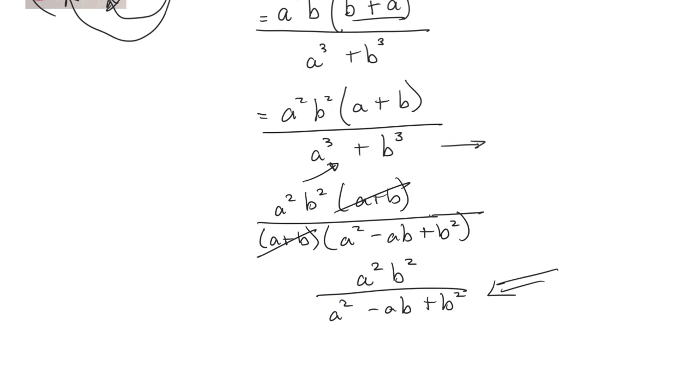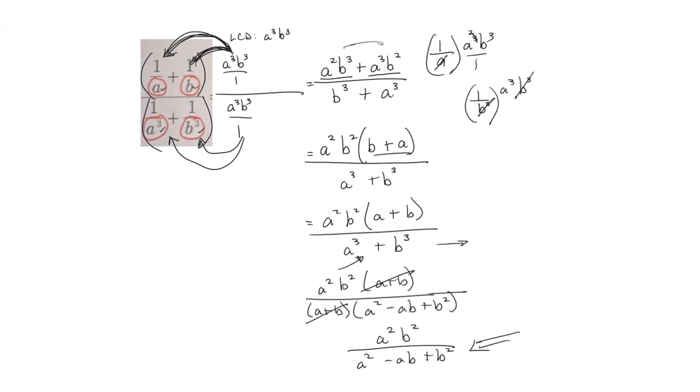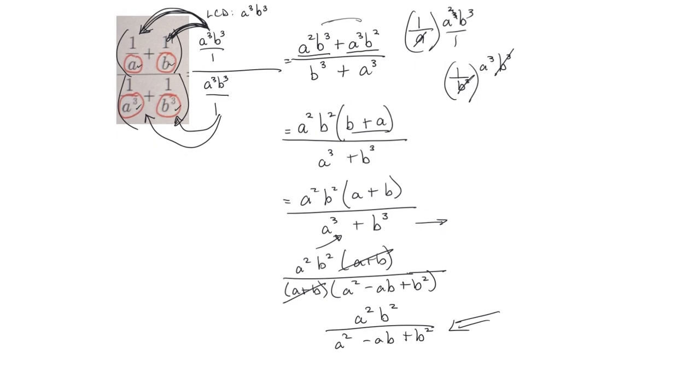Just a couple things to be careful with on this. For example, this right here, those are not like terms. The A's are different, and so are the B's, so I can't add those together. I could factor a common factor out like I did here, so that's something that I could do.